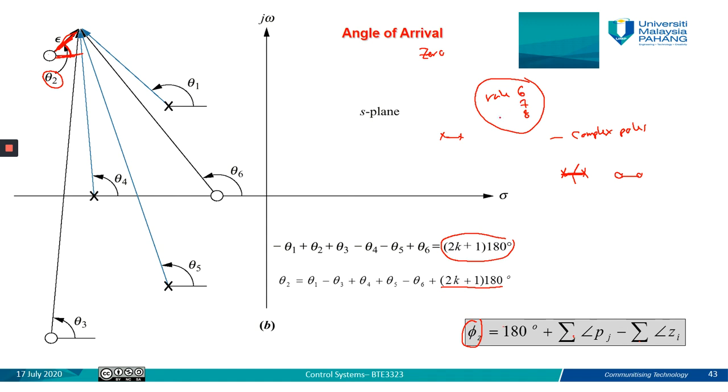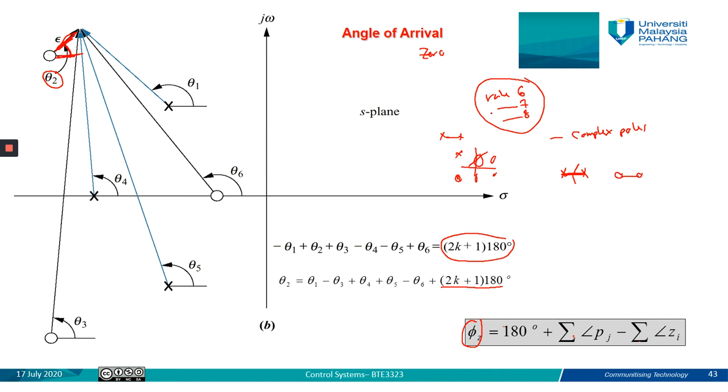If you have crossing with the imaginary axis, in this case we are going to apply rule number 7. If you have complex poles or complex zeros, in this case we are going to apply rule number 8. Otherwise, no need to apply.